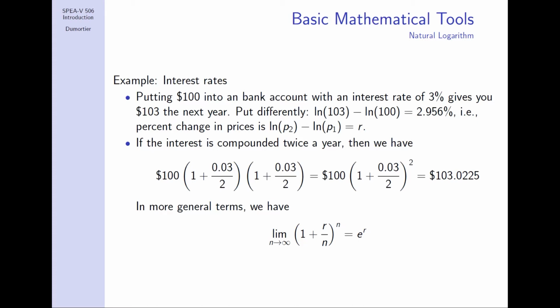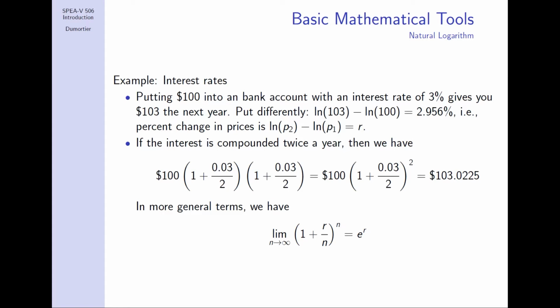This means that next year you are going to have $103. Now, you can use the natural logarithm to calculate the percentage difference. So if you take the natural logarithm of 103 and subtract the natural logarithm of 100, then you get 2.956%, which is very close to the 3%.